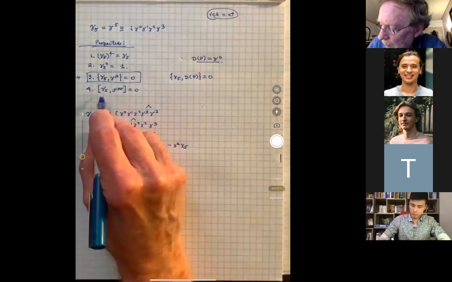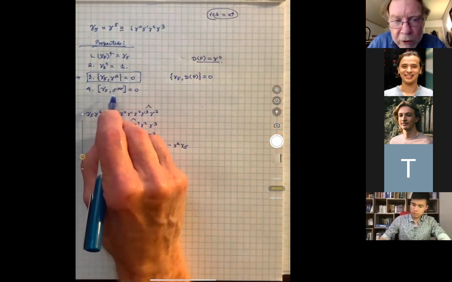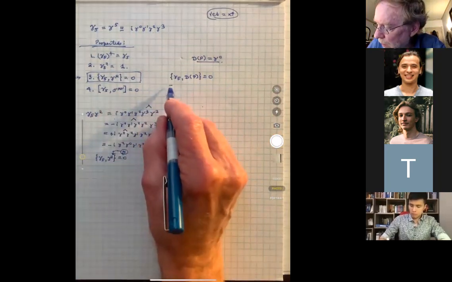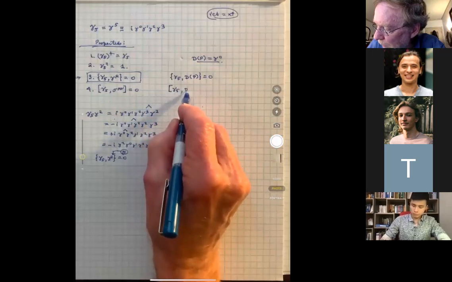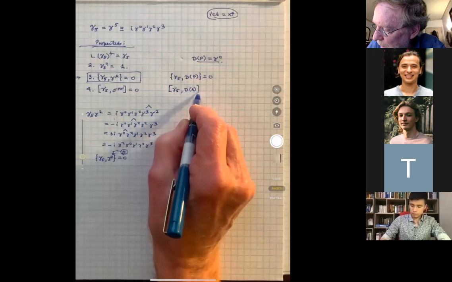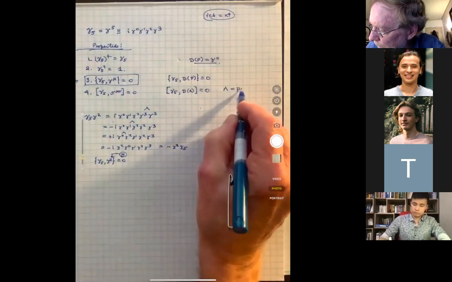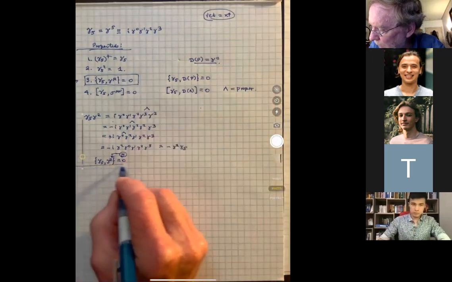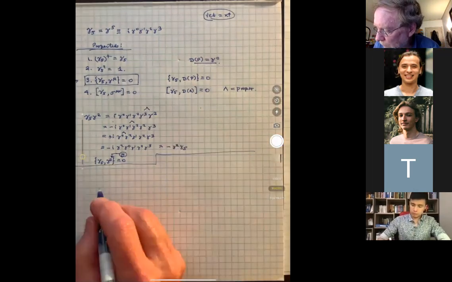But the fact that gamma 5 commutes, not anti-commutes, but commutes with sigma mu nu, which are the generators of the proper Lorentz transformations, means that gamma 5 commutes with D of lambda if lambda is proper. So this is the distinction then between proper and improper Lorentz transformations.